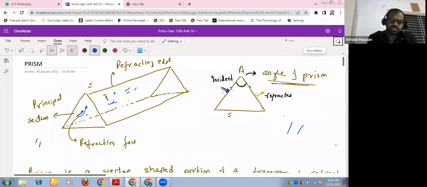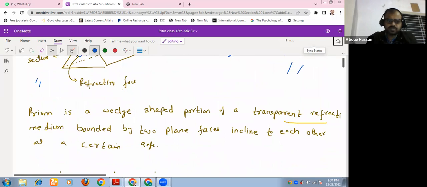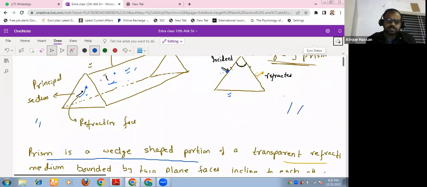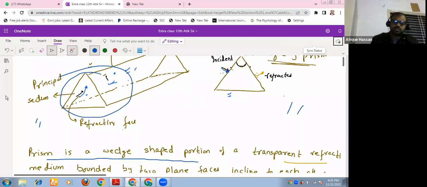You can define prism as a wedge shaped portion of a transparent refracting medium bounded by two plane surfaces or faces inclined to each other. So whenever a transparent object or medium is bounded between two inclined surfaces, basically it is a 3D diagram of a prism.